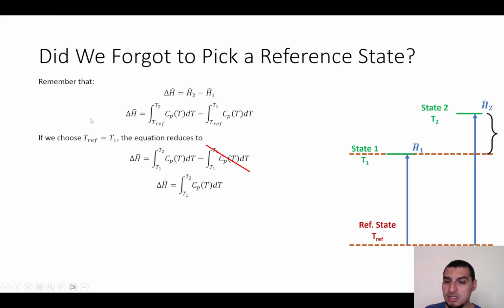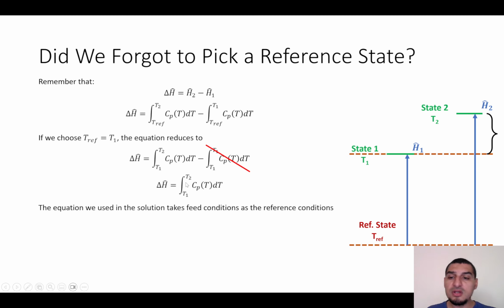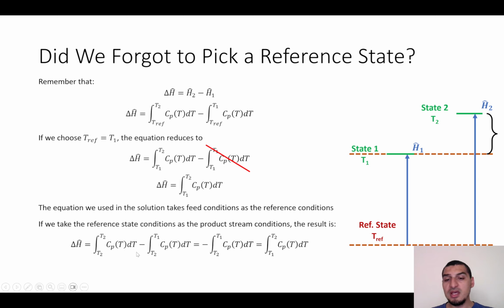So it's smarter to take T1 as the reference state, or there is another option, which is taking T2 as the reference state. If you take T2 as the reference state, it's the integration from T2 to T2 minus from T2 to T1. In this case, the first term is 0, and the equation would be the negative of the integration of Cp dT from T2 to T1. If you take this negative into the integration, put it inside the integration, then it's going to be the integral of Cp dT from T1 to T2, which is the same shape as this.